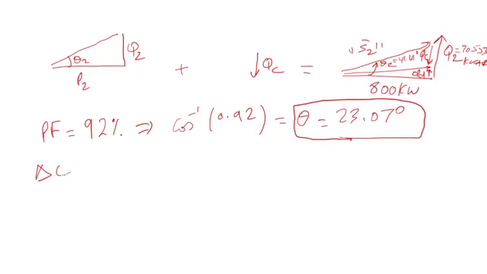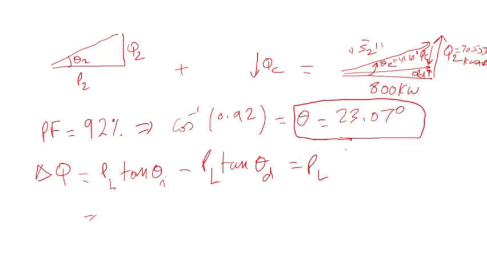And previously we said delta Q is the total load times the tan of the initial power factor angle minus the total load reactive power times the tan of the desired angle. So you can factor out PL.